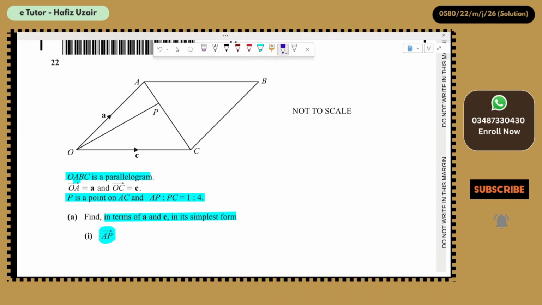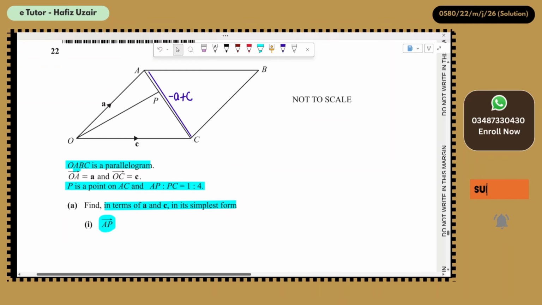So let's first find out what AC is. If you want to move from A to C, this will be minus A plus C, because you are moving in the opposite direction. So AC is minus A plus C. Now what is AP? This is one part and this is four parts, so total parts are 5.